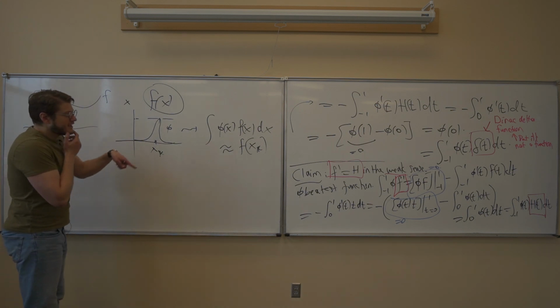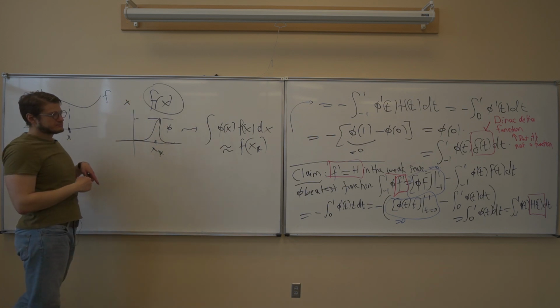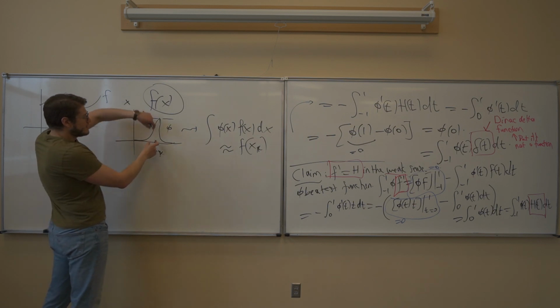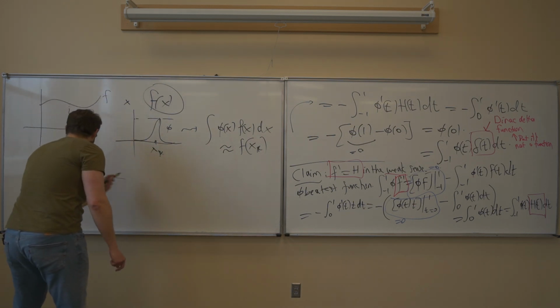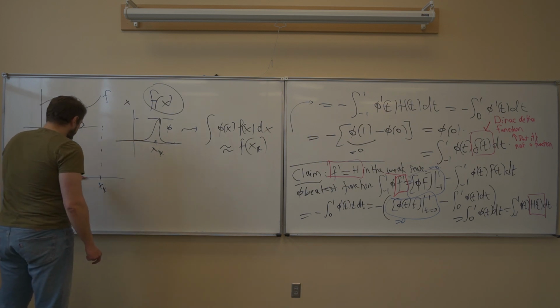Okay? And really, plugging in one value into one function is sort of like an extreme case of it. If you could take bump functions. So let's say that this is the input that you're interested in.